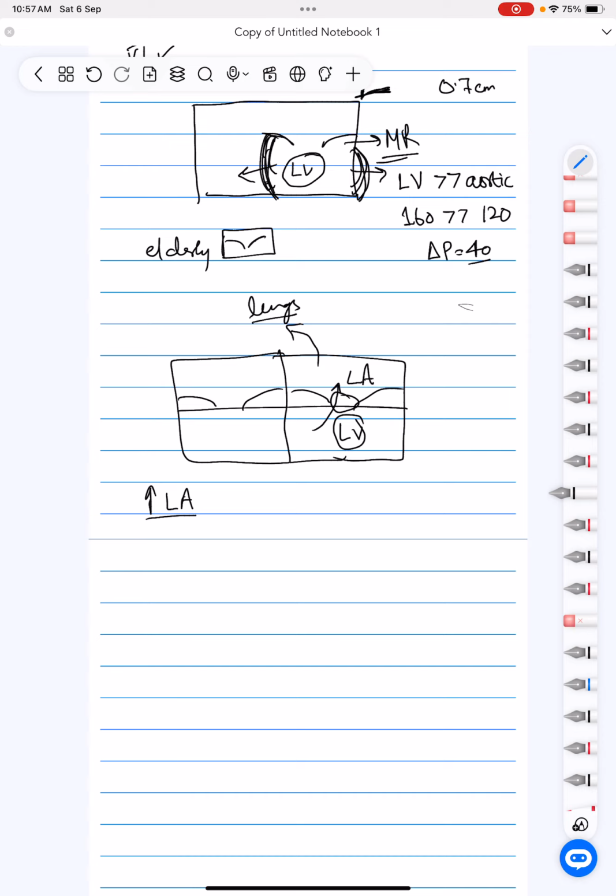Why does this mitral regurgitation happen? Some of the causes include endocarditis, most often due to Staphylococcus aureus. It also happens due to papillary muscle rupture, for example after MI. This is one of the post-MI complications that causes mitral regurgitation.